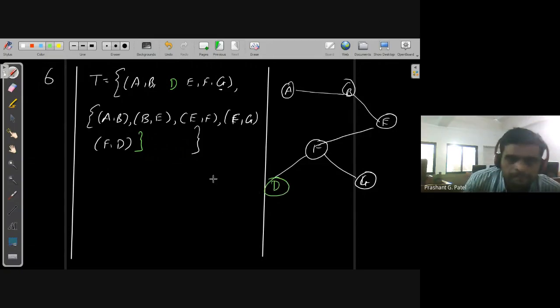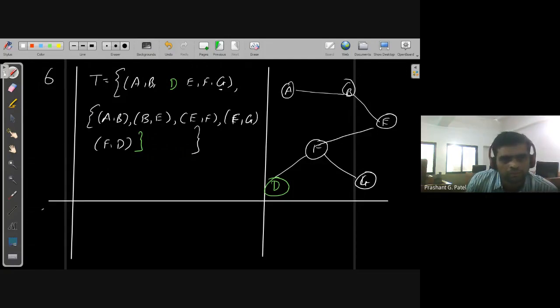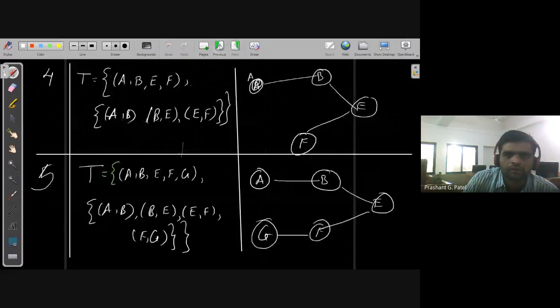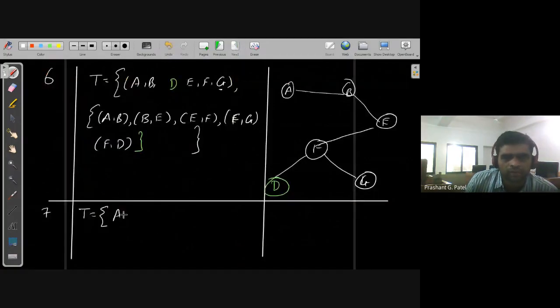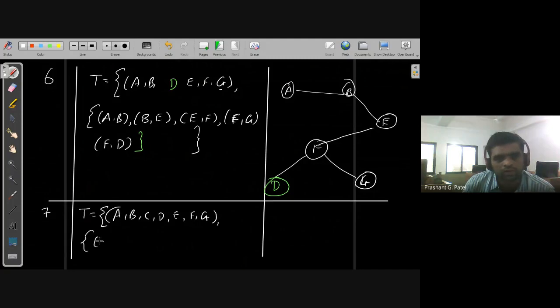Okay, this is there. Now the seventh step. In the seventh one, your T, from D, we are at D now. We have to find the vertex which has minimum edge incident with D, that is 10 and 4. So 4 is the minimum one. We pick that. That's why it is now A, B, C, D, E, F, G, and it will cover all the vertices.